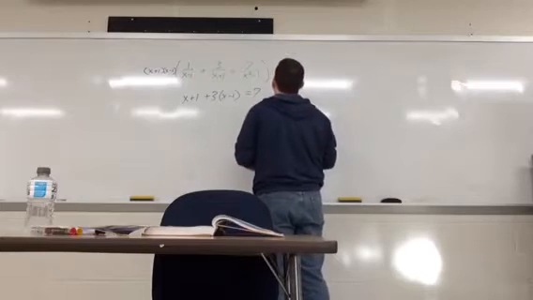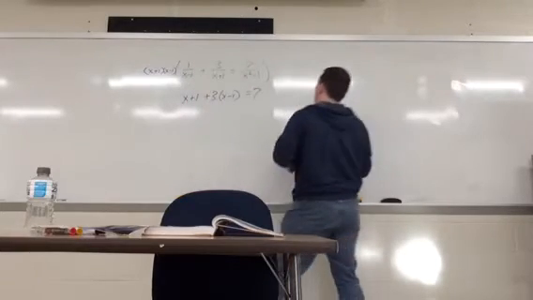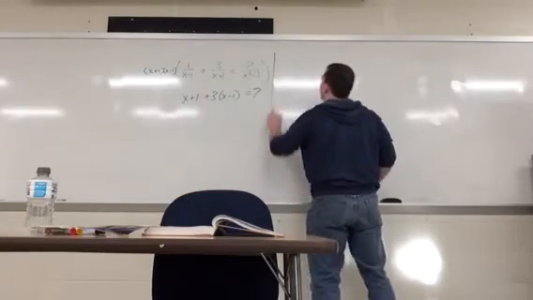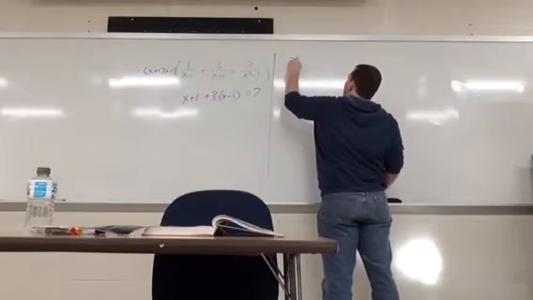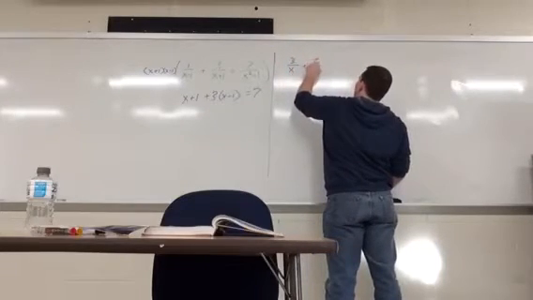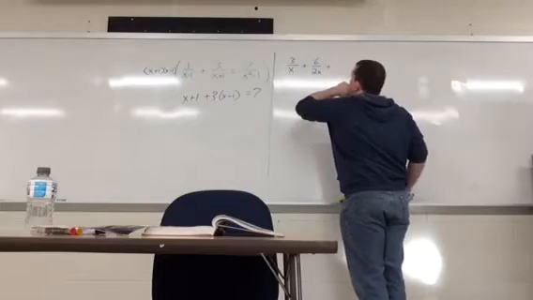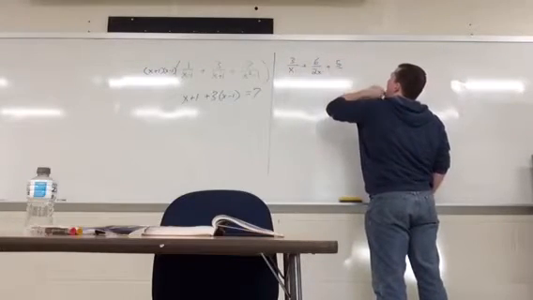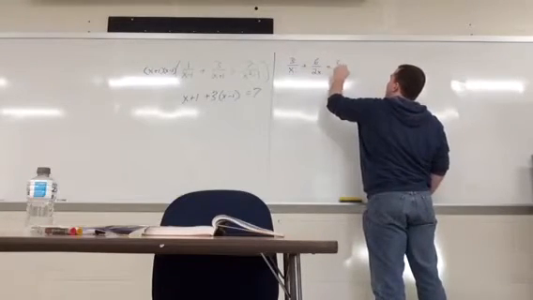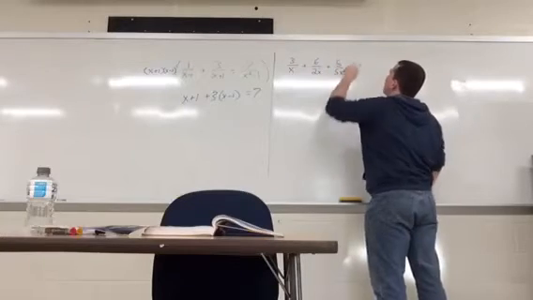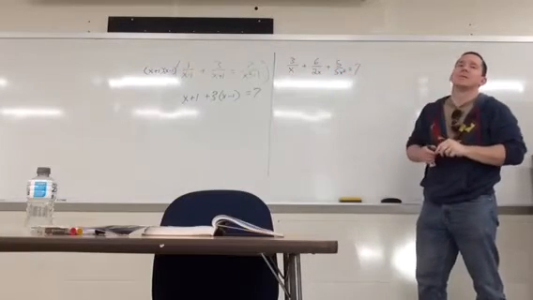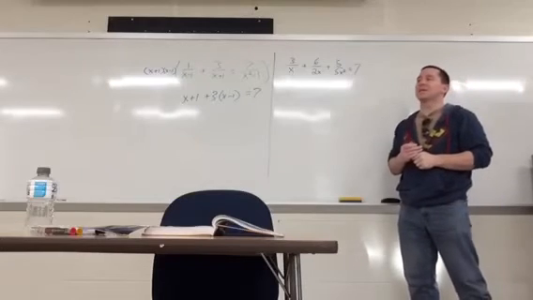Suppose we have one more. 3 over x plus 6 over 2x plus 5 over 5x squared equals 7. What's my LCM?